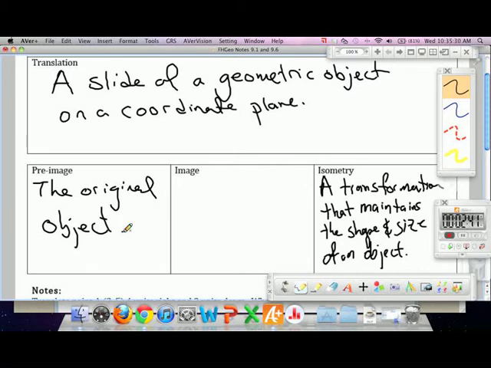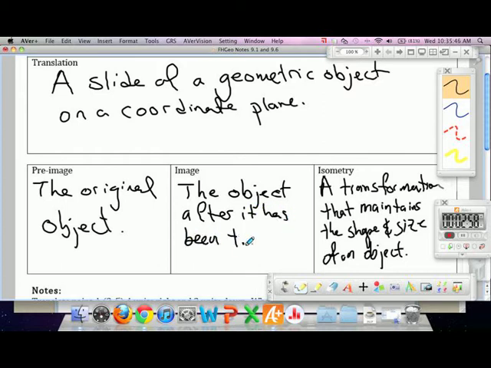And the image, the image after transformation, is the object after it has been transformed. The image of an object is where it's after.